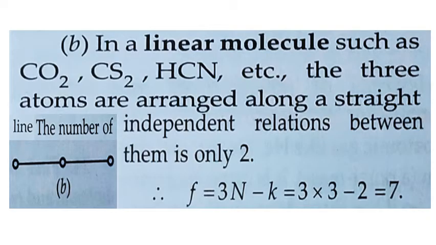But if they form a linear structure like CO2, HCN, CS2, then the atoms are arranged along a straight line and the number of independent relations between them will be only 2. So the value of k will be 2 but n will remain 3. So the degrees of freedom will be 7 in this case.